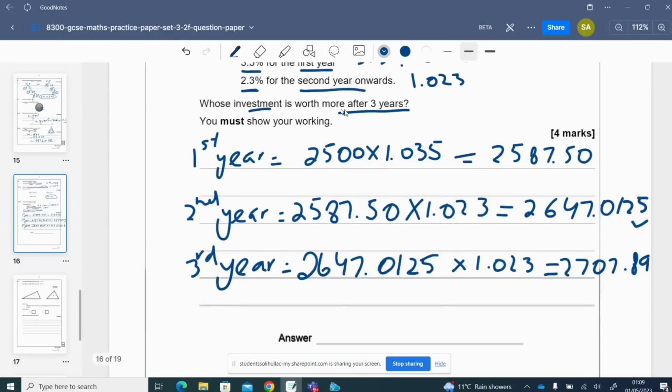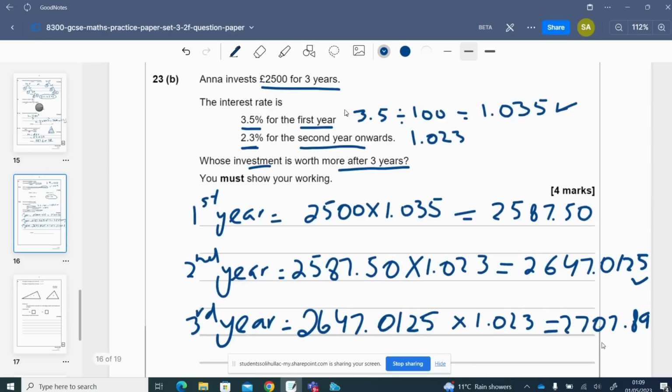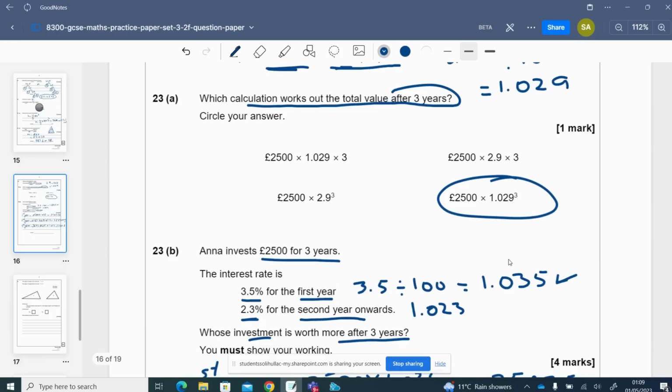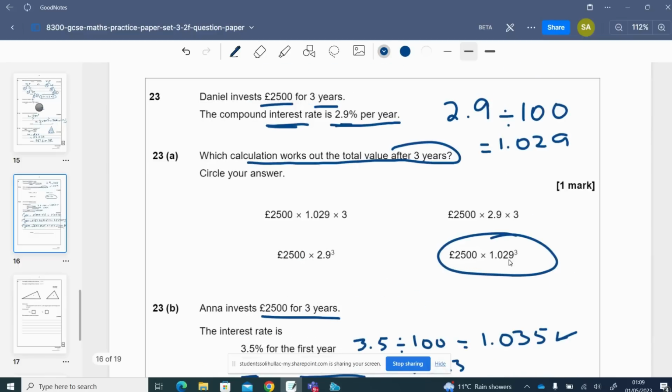So whose investment is worth more after 3 years? Anna's investment is 2,707.89. For Daniel, the investment is 2,500 for 3 years. So if you type on your calculator 2,500 times 1.029 cubed, that gives you the money which Daniel got after 3 years, which is 2,723.868.